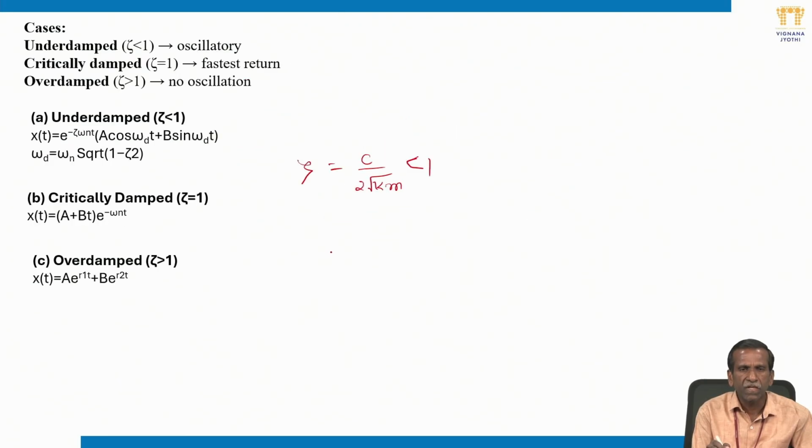The solution based on mathematics fundamentals is: displacement x equals e power minus zeta omega n t into (a cos omega d t plus b sin omega d t), where omega d is the damping frequency, that is omega n into square root of 1 minus zeta square. Natural frequency times square root of 1 minus damping ratio square.